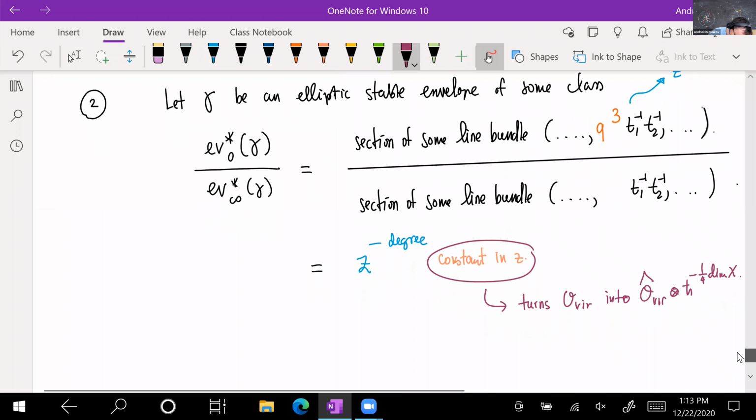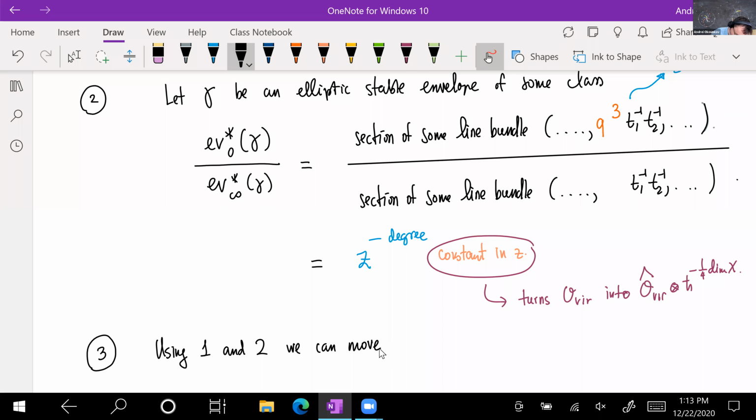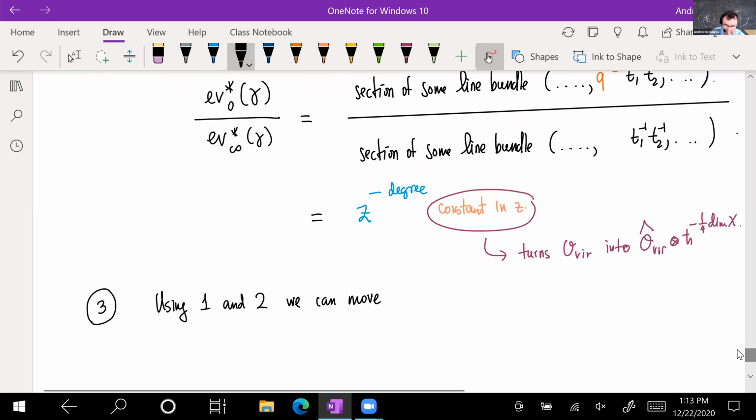And then the third thing, using these formulas, so using 1 and 2, we can move everything. So 1 and 2 says that in my vertex, I can move everything.